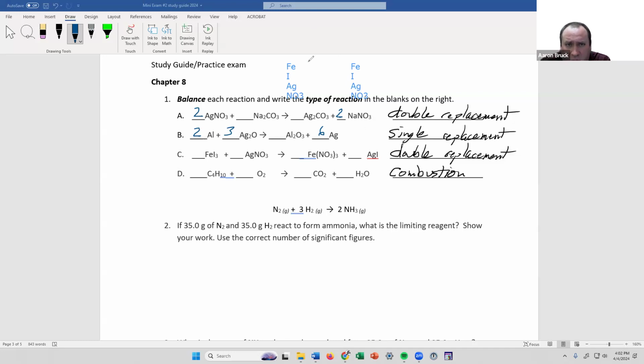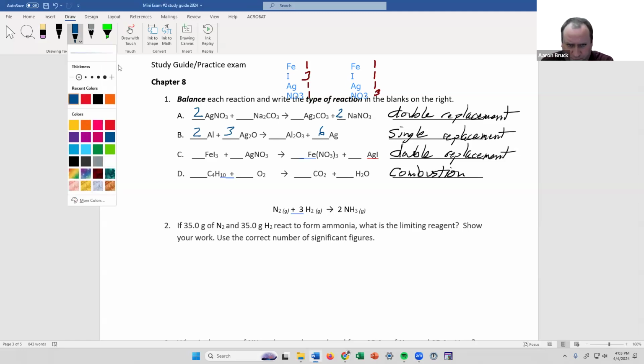So I'm starting with 1 iron, 3 iodine, 1 silver, 1 nitrate. I'm turning it into 1 iron, 1 iodine, 1 silver, and 3 nitrate. This is very similar to the first one that we balanced, where we've got different things that are out of balance. And so we're just going to take them in turn.